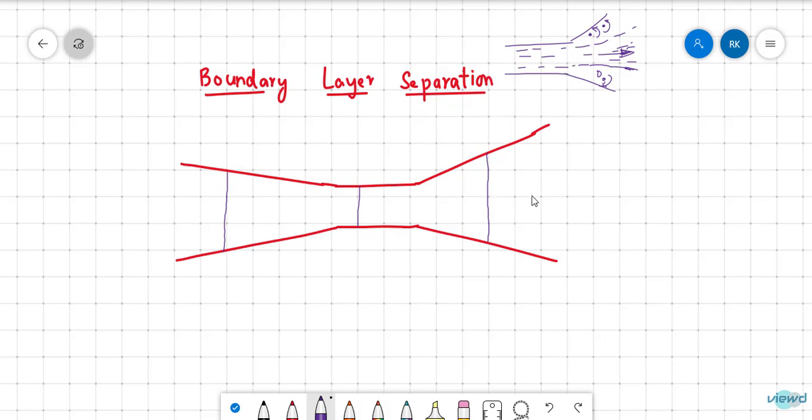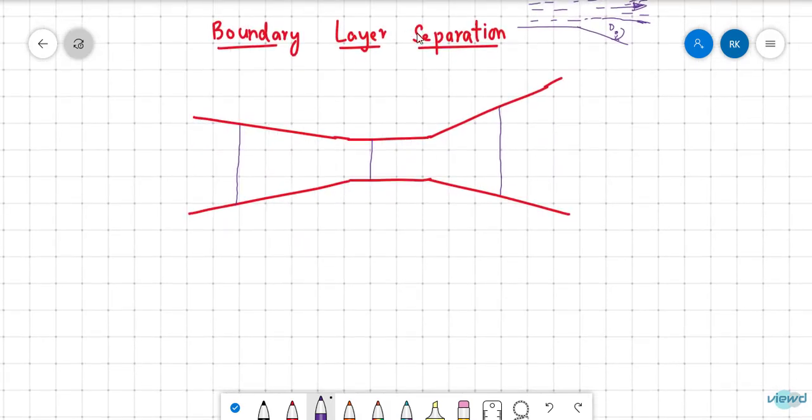Now let us see how this boundary layer separation occurs. We know that as the cross-sectional area decreases, Q is equal to A into V, so the velocity increases to maintain the discharge constant. As the velocity increases, the pressure should decrease.